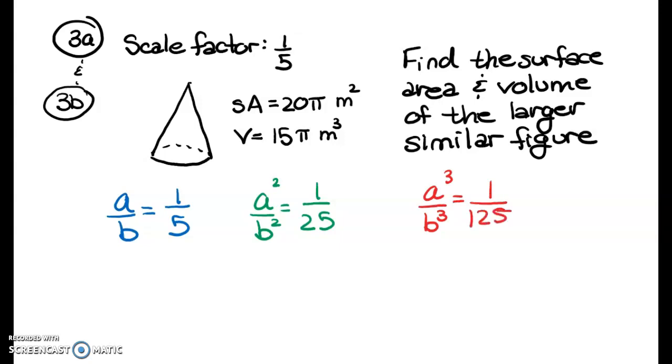So let's set up the proportion to find my surface area. We are finding the surface area and volume of the larger figure, so the larger one's going to be underneath, surface area of large. So they must have given us the surface area of the small guy.